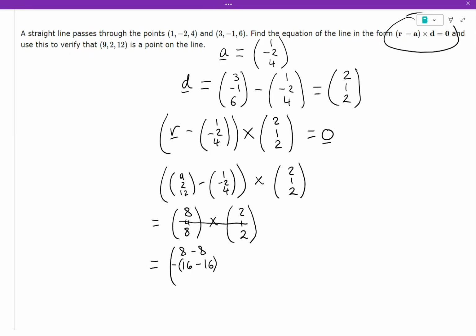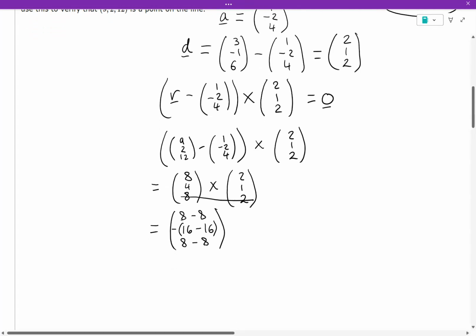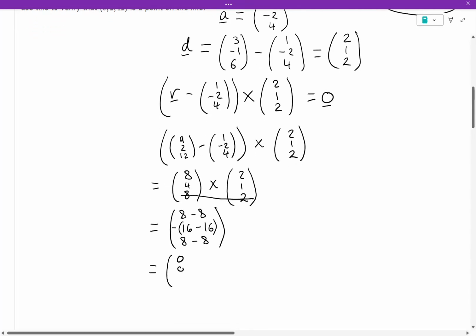Finally, ignore the bottom line: 8 times 1 is 8, subtract 4 times 2 is 8. Clearly that comes out as our zero vector. So we can say, therefore, the point 9, 2, 12 is on the line.